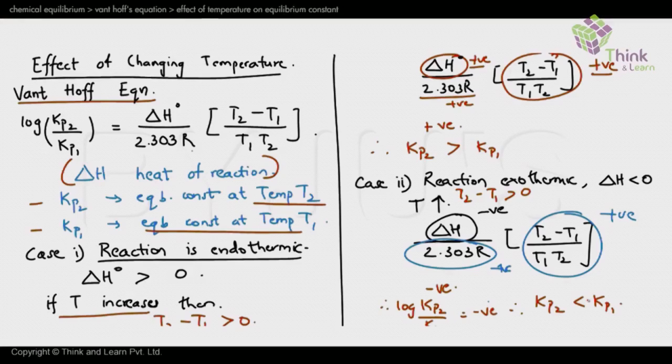Now delta H is negative, 2.303 R is positive, T2 minus T1 by T1 T2 is positive. So we will have this whole term to be negative. Therefore, log of Kp2 by Kp1 is negative. So Kp2 will have to be lower than Kp1.